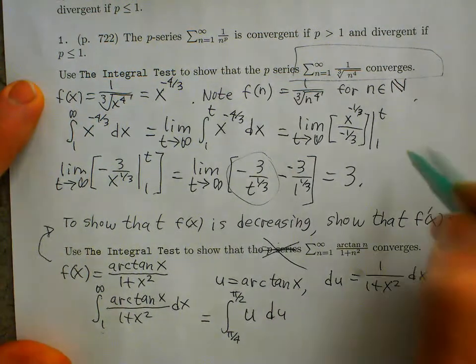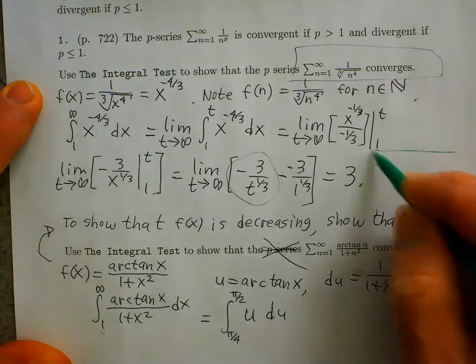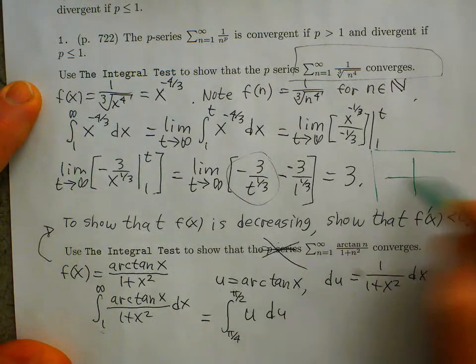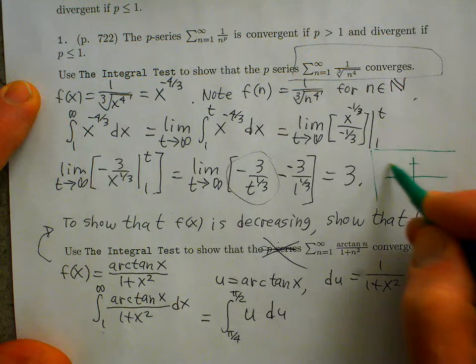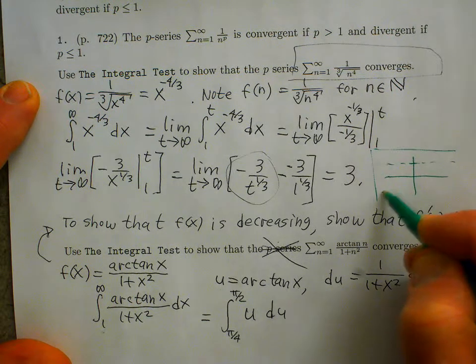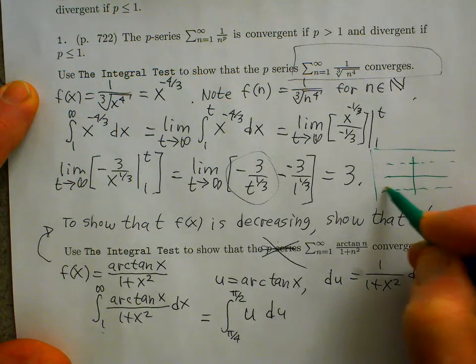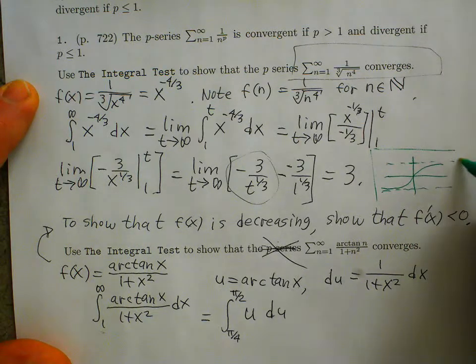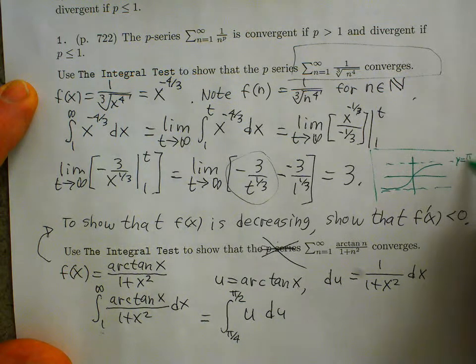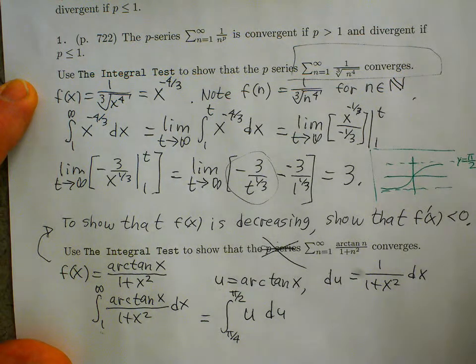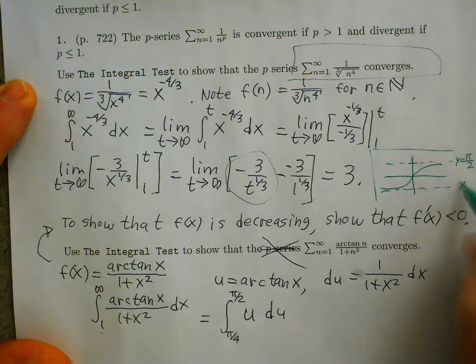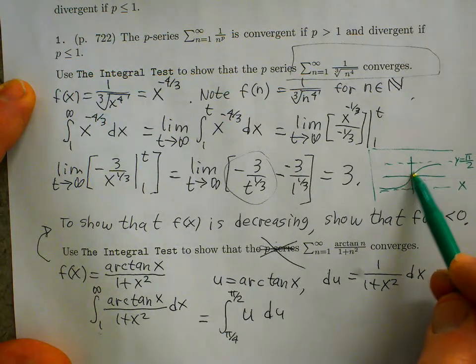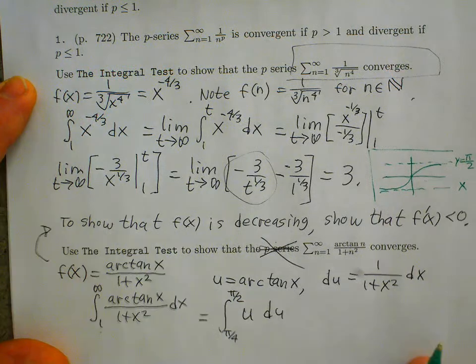So up here I'll sketch the graph of arctangent of x. The arctangent of x looks something like this. This is y equals pi over 2. So as x approaches infinity, arctangent of x approaches pi over 2.